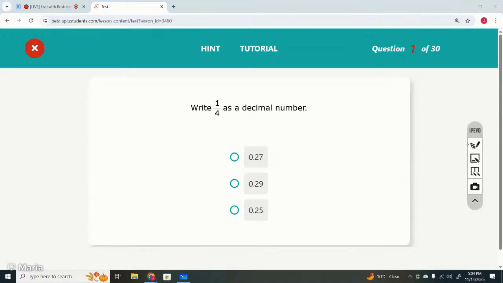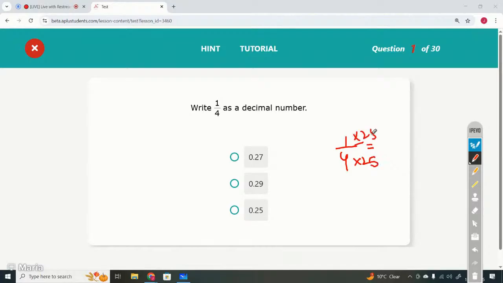So we need to write it as a decimal. We have to make the denominator equal to 100. 4 times what number is 100? 4 times 25 is 100. So let's multiply the numerator and denominator by 25. So that is 25 by 100. So 25 by 100 we can write as 0.25.